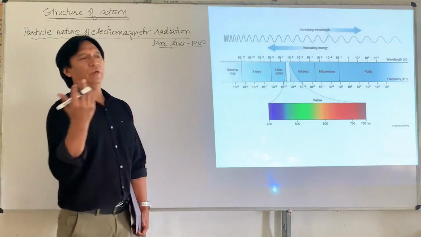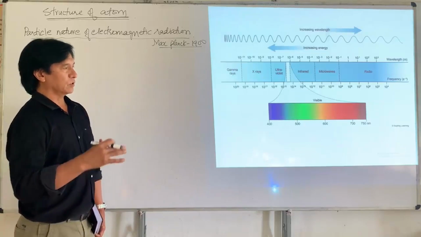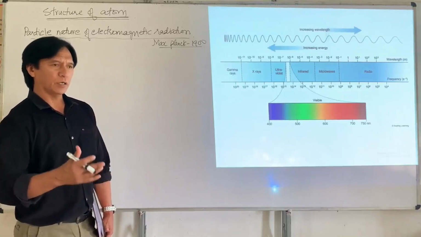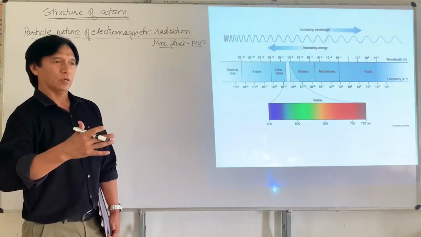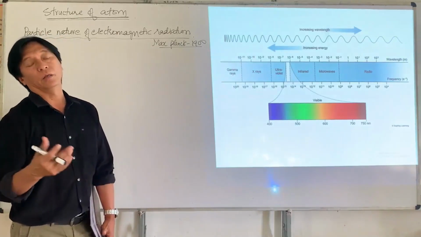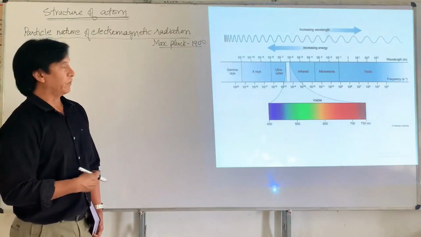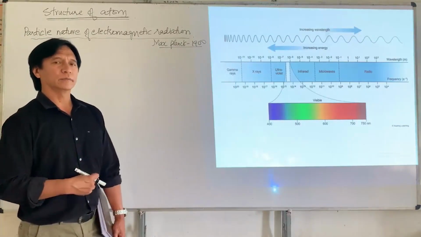And when it is still heated further, it becomes yellowish in color. Then after that it becomes more whitish in color, and still, with further increase in temperature, as you go on heating it, it finally becomes blue in color.